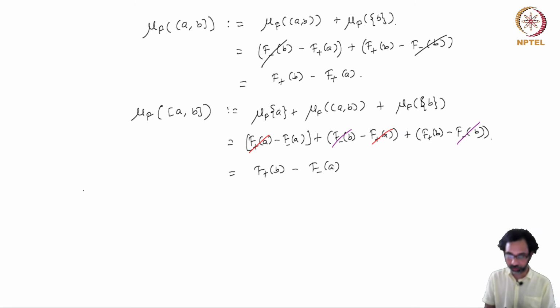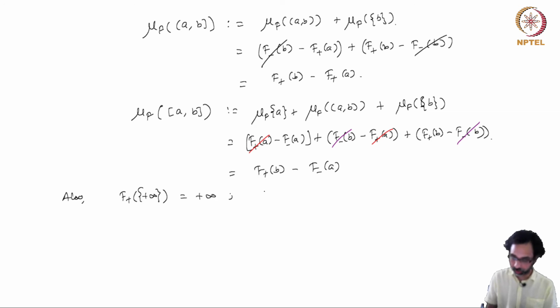Now we can extend the formula for the Lebesgue-Stieltjes elementary measure to half infinite and even infinite intervals of the form. So first, also, we have f plus of plus infinity is equal to plus infinity, f minus of minus infinity equals minus infinity, and f minus of plus infinity, so there is no set here, it's just plus infinity and minus infinity.